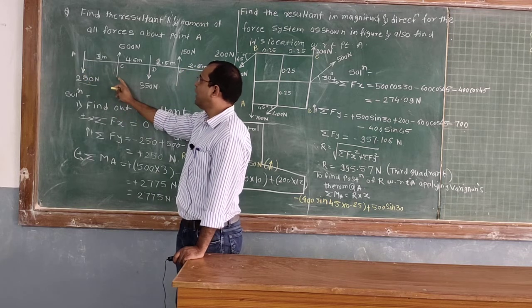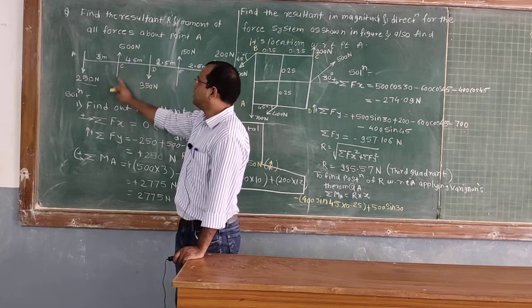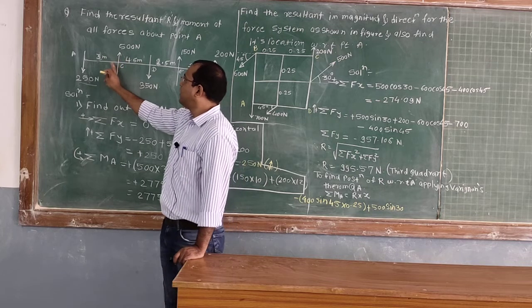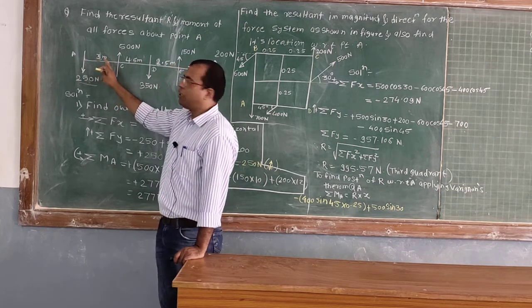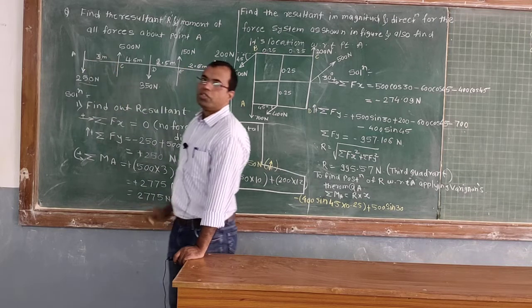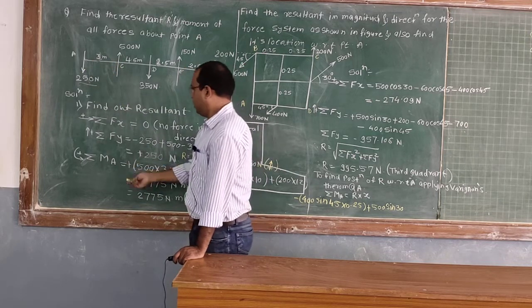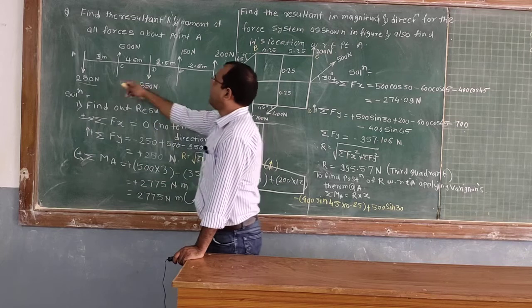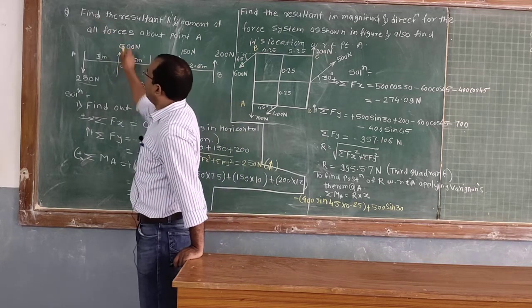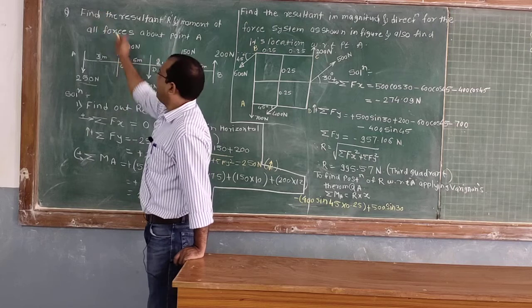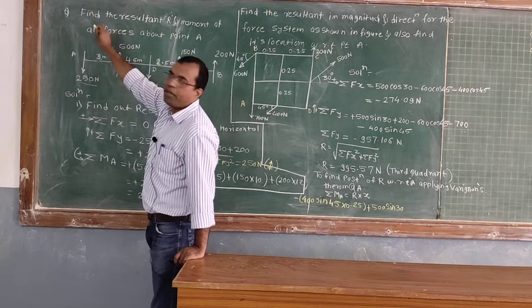Let's come to the next force. 500 is the next force and the perpendicular distance of this force from point A is 3 meter. So 500 into 3. Will it create the moment in a clockwise or anti-clockwise sense? It creates a moment in the anti-clockwise sense.